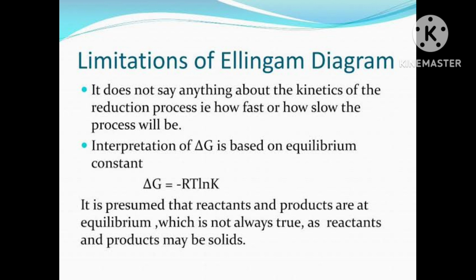In this plot of standard delta G versus T, this point tells what temperature is required so that the sum of the delta G in the two combined redox processes is negative.